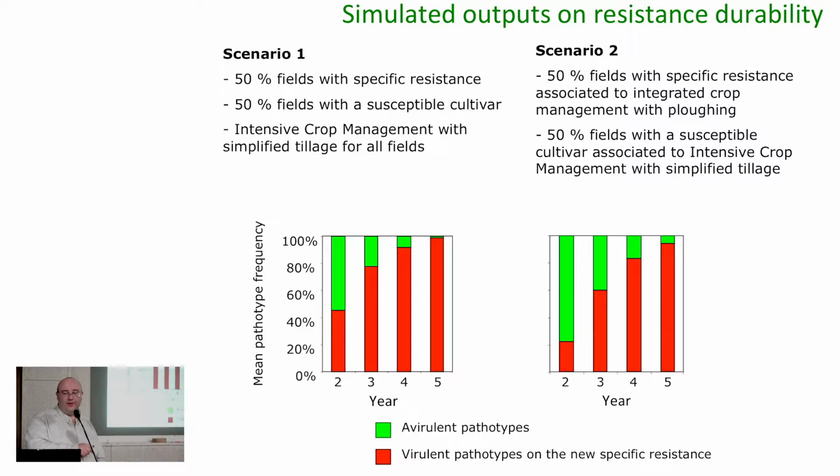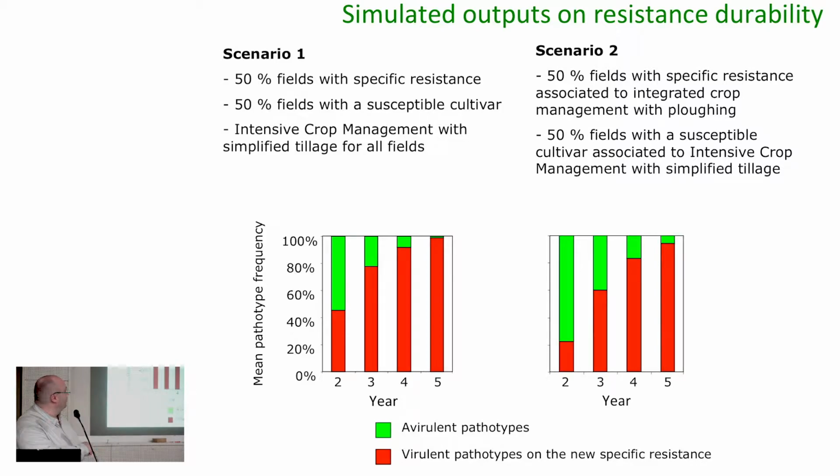We divide the landscape into types of fields, but we associate fields with specific resistance to integrated crop management with plowing, remember, to bury infected stubble, and 50% with a sustainable cultivar associated with simplified tillage. This is to reduce the selection pressure applied to the pathogen population.